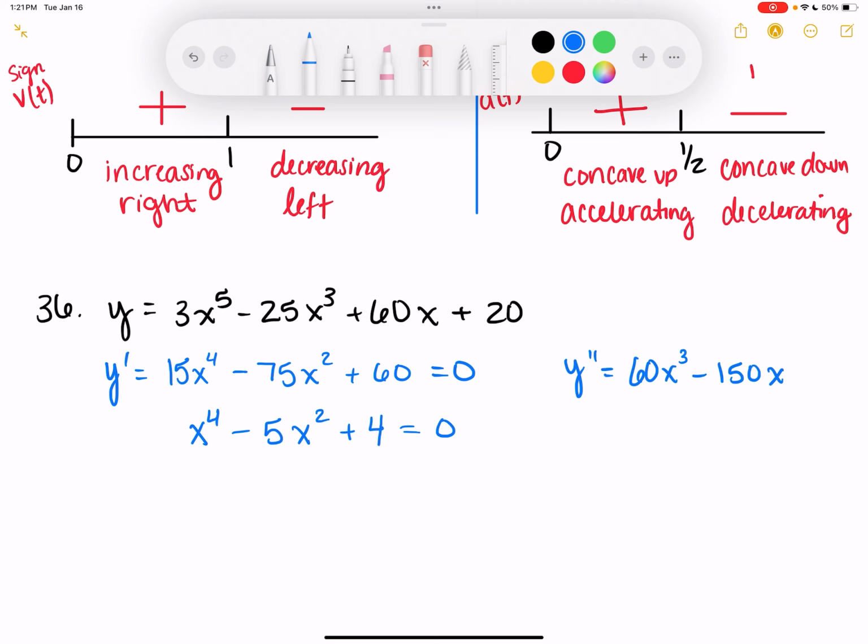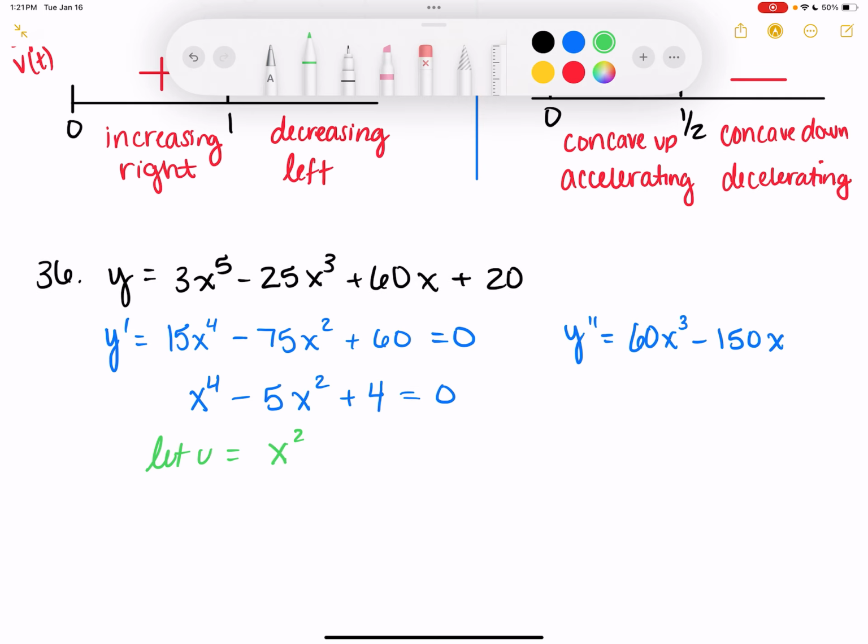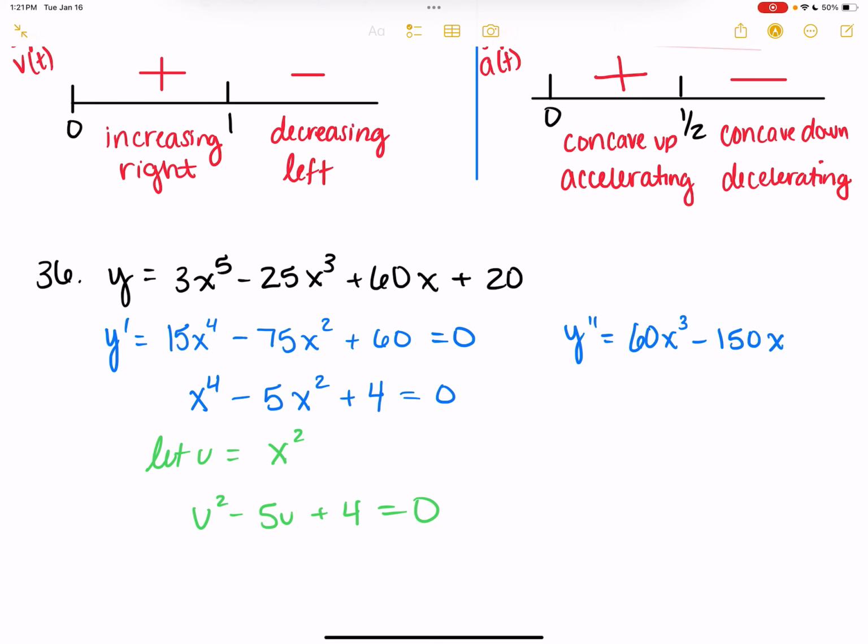I was going to do u-substitution, but if y'all want to do it that way, that's fine. Let u equal x squared. Then I've got u squared minus 5u plus 4 equals 0.